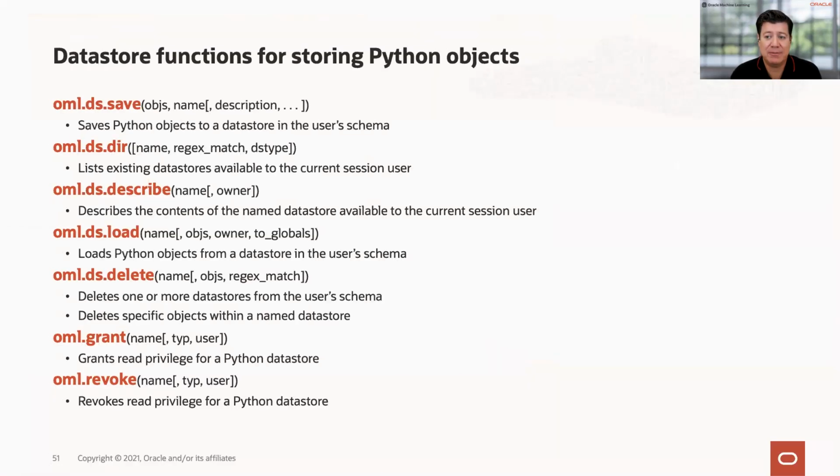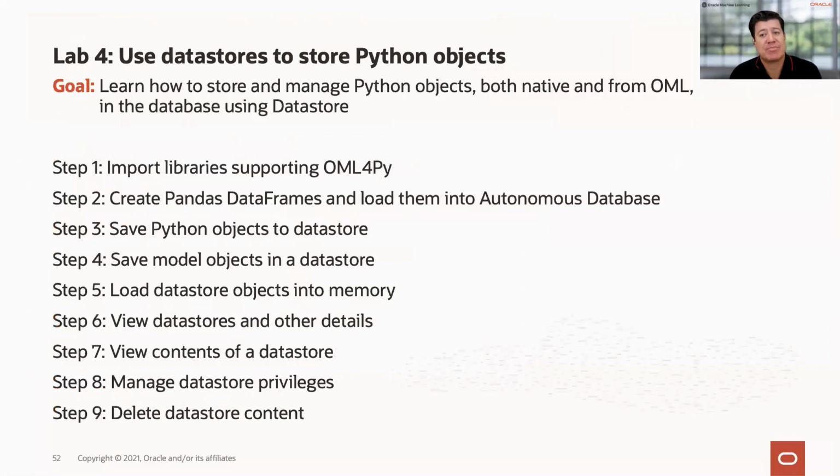And then we're going to take a look at lab 4. So what I'm going to do is, I had instructions here on how to create a new user, just because there is a step here, step number 8, where you can manage the data store privileges, and you can give another user the privilege to read your data store, right? So that you can share that with the person.